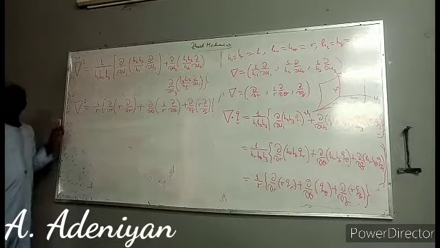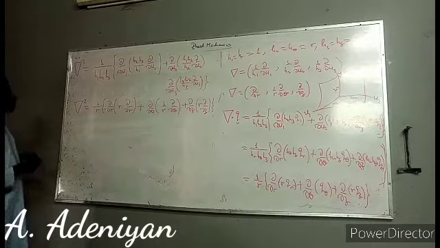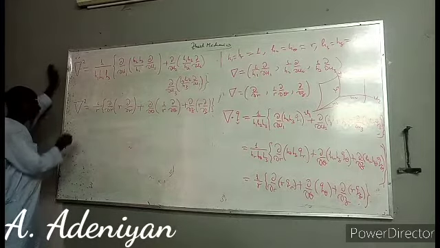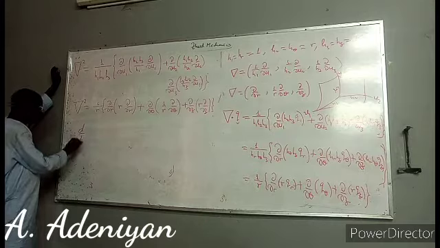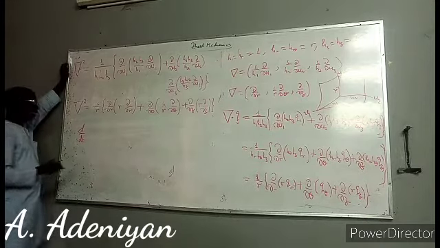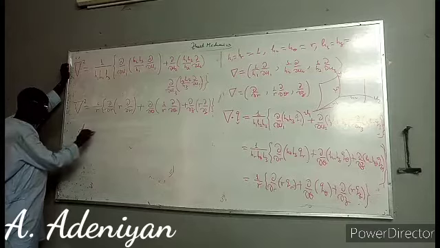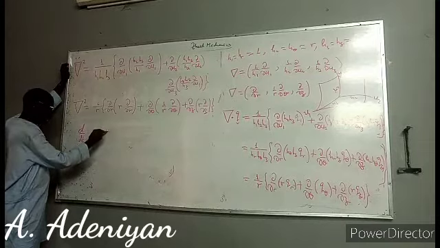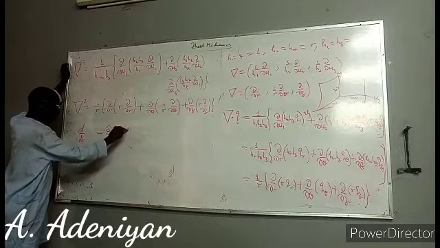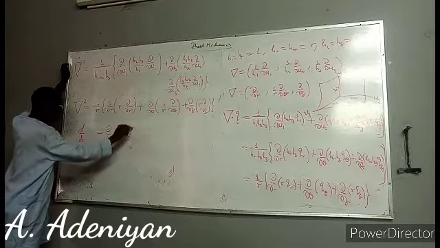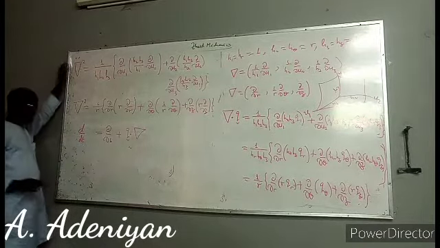Then, another important thing of interest is how do you find d/dt? Don't forget, d/dt is ∂/∂t plus q dot del. That is the Navier operator.